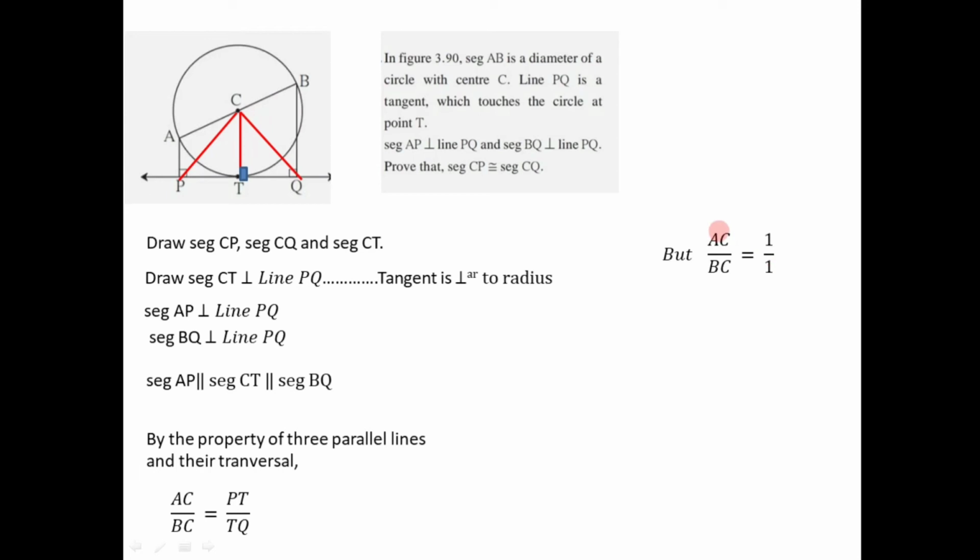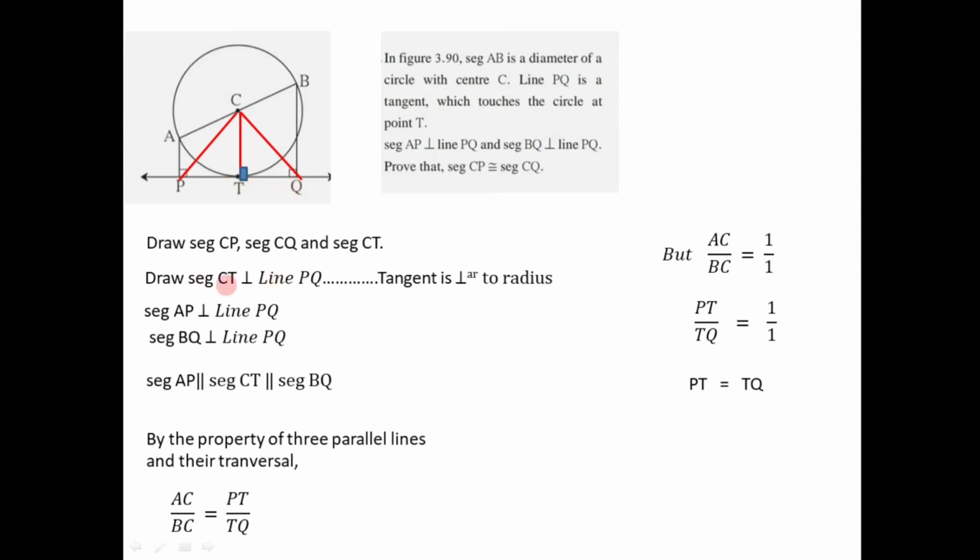If the first ratio AC divided by BC is 1/1, then the second ratio PT divided by TQ must also be 1/1. Now if we cross multiply, we get PT into 1, that is PT, equal to TQ into 1, that is TQ. So here we have proved that segment PT is congruent to segment TQ.